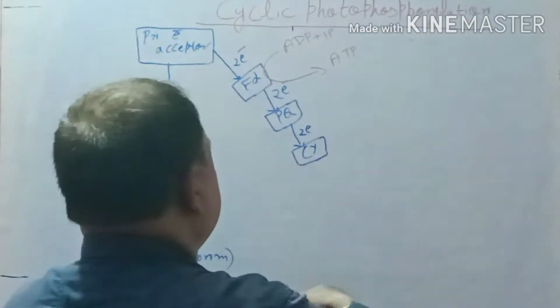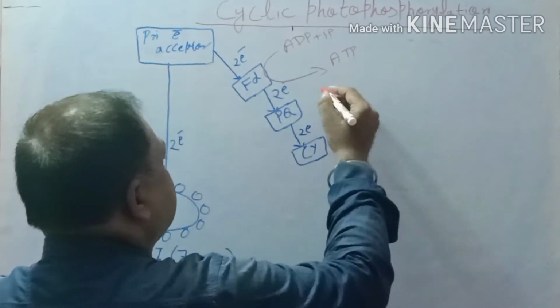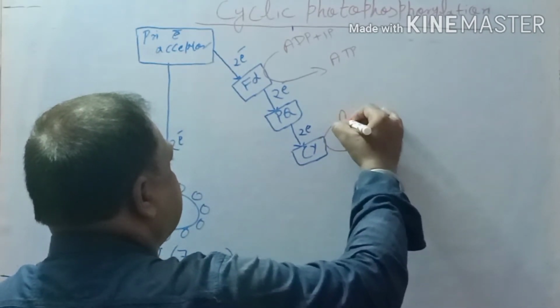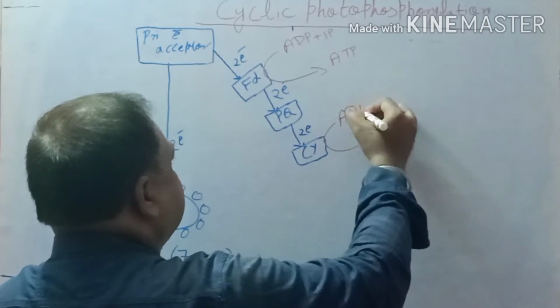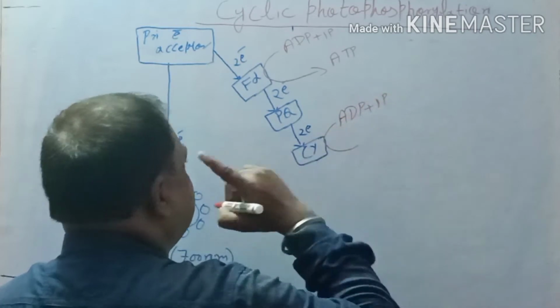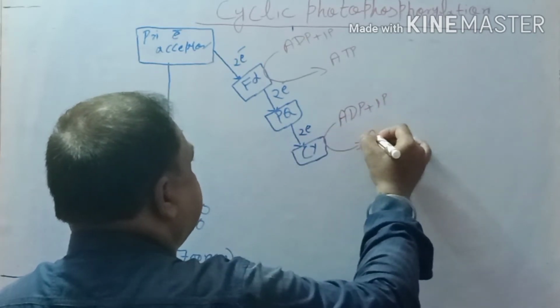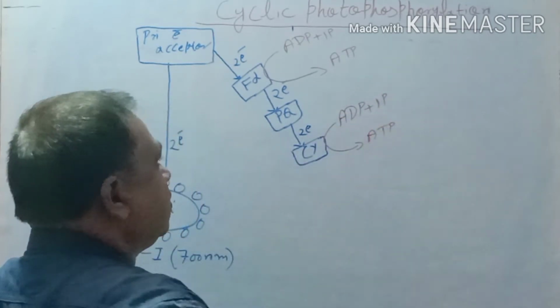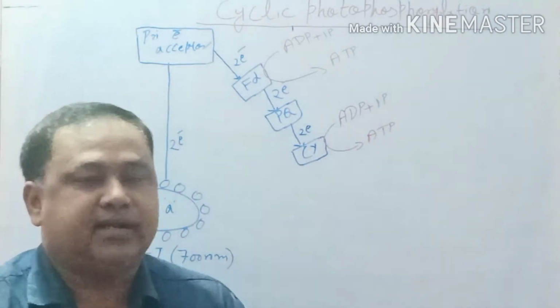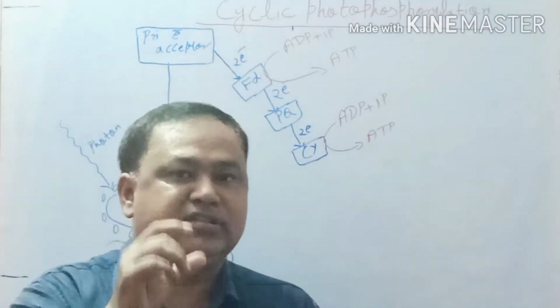Here also, at the surface of cytochrome, phosphorylation takes place again. ADP and 1 phosphate give ATP.